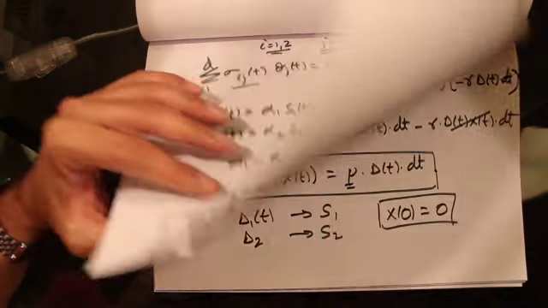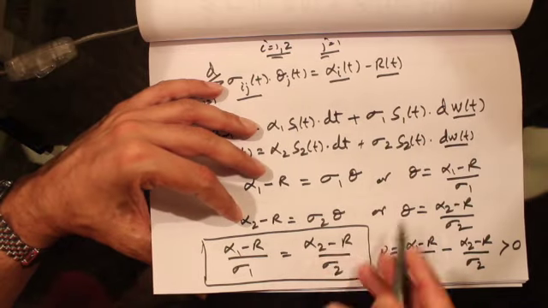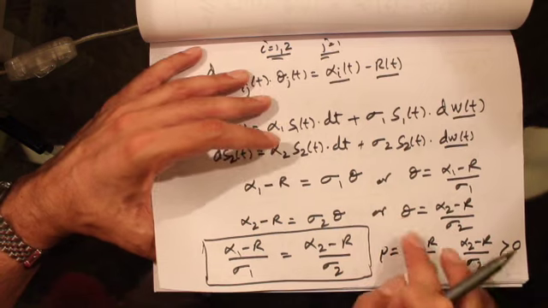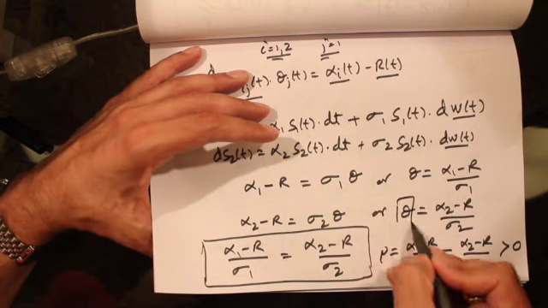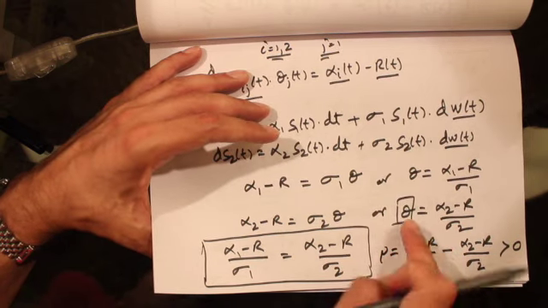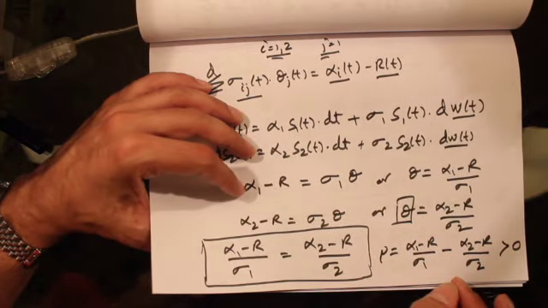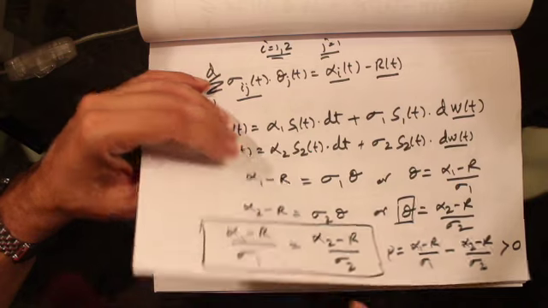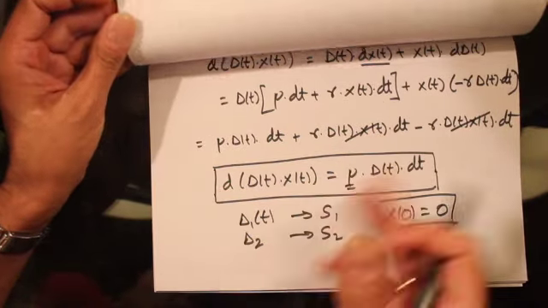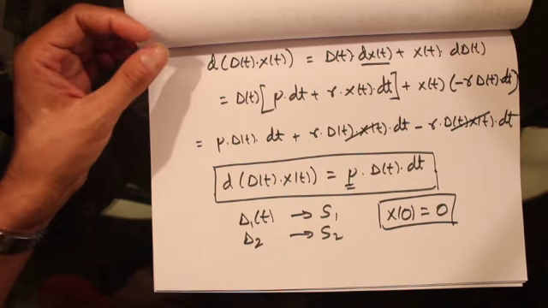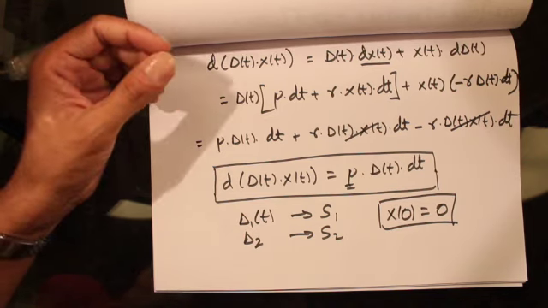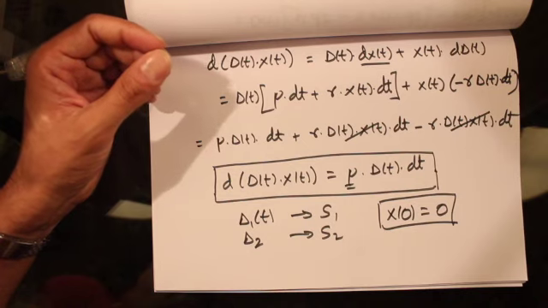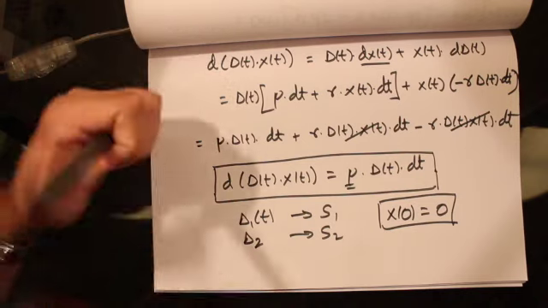Okay, so hence we've shown that if this condition doesn't hold true, or if we cannot solve for the market price of risk, then an arbitrage exists in our model. Okay, and we can take advantage of that arbitrage by going long one stock, short the other, and putting the excess money into the money market account, and that way we'll be able to take advantage of the arbitrage. Okay, guys? So let's proceed further.